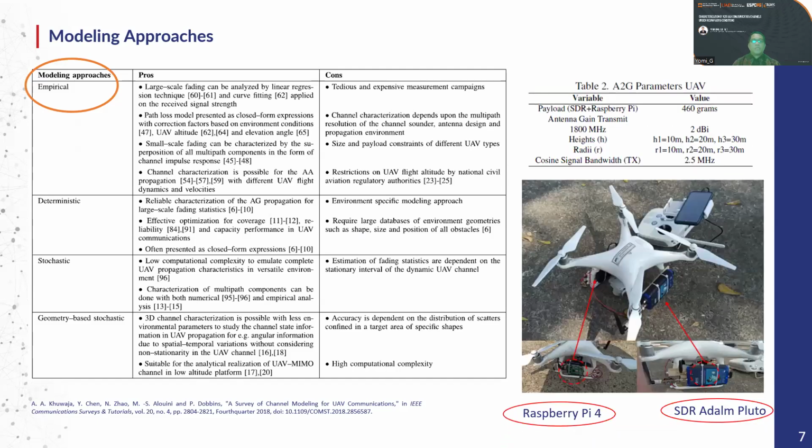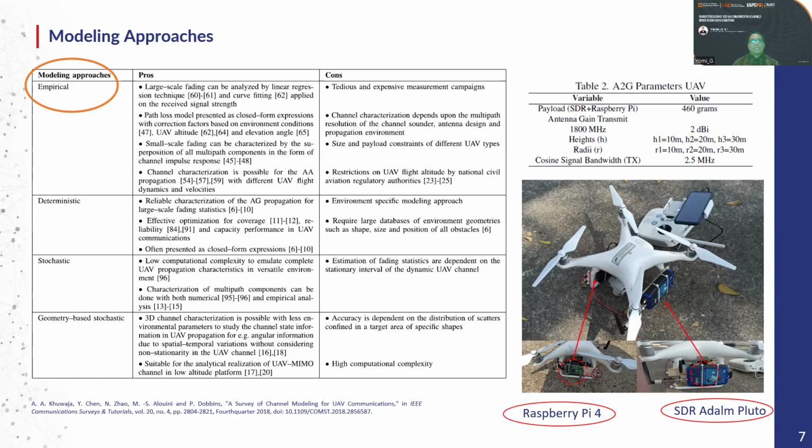In table 2, we also present the A2G UAV parameters. This includes the UAV pilots with a concept of an SDR and a Raspberry Pi operating at a frequency of 1,800 MHz with a signal bandwidth of 2.5 MHz.